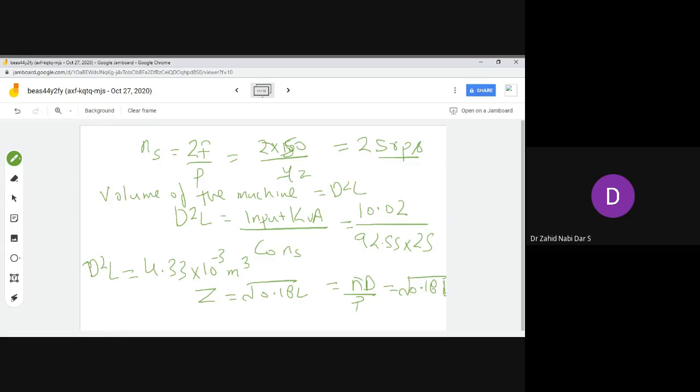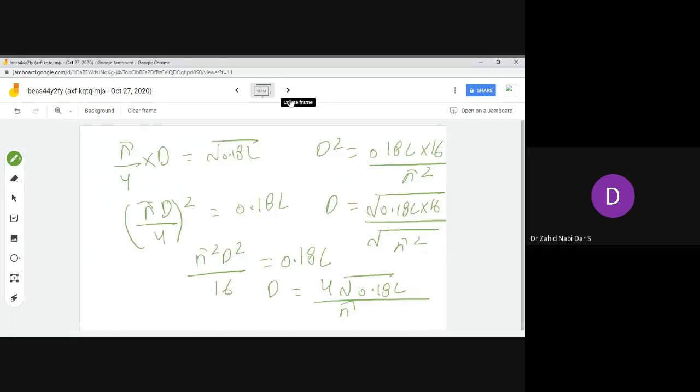So you can safely write, or in other terms, if you don't want to do all that because you want the value of L in terms of D, you can also write it like this. No need to do all that, because it again complicates things. What we want is the value of L. So if you want to express L in terms of D, we can express it here.